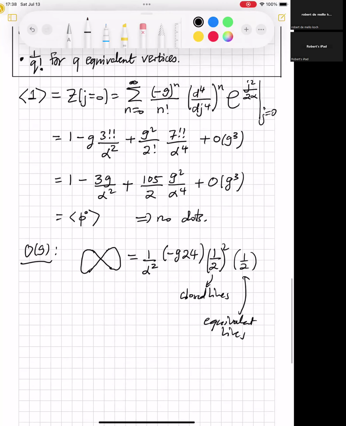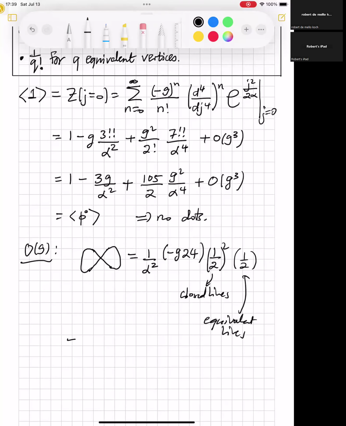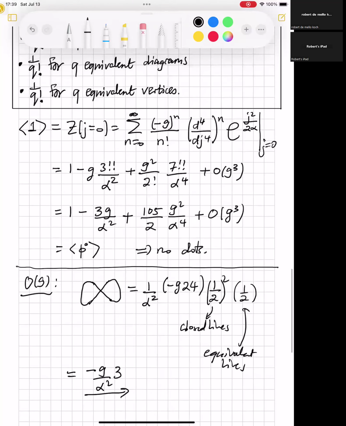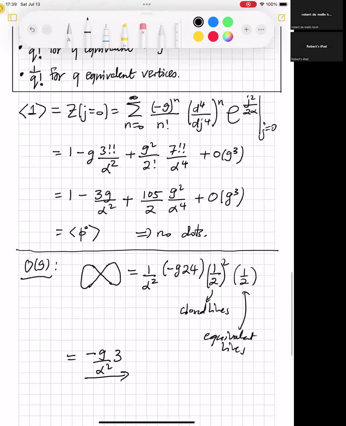And if we work out what this is equal to, this is just minus g over alpha squared, then 24 over 2 times 2 is 4 times 2 is 8, so 24 over 8, which is 3. And this is the only diagram that we can draw with a single vertex and no dots. And what you can see is this exactly reproduces the order g term that we found above.